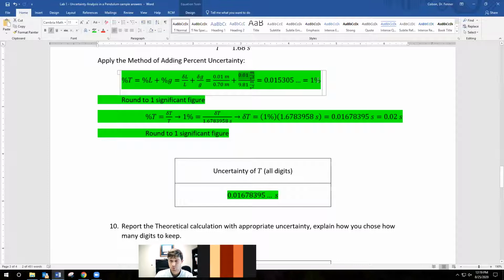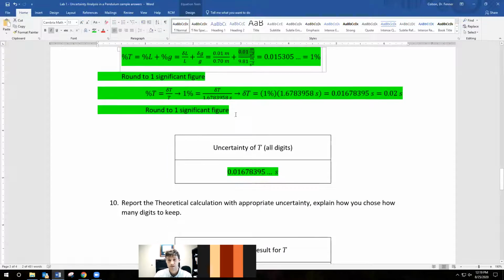So it'll pretty much always work out to that, where the percent uncertainty will be one significant figure, and so the uncertainty as calculated using the equation would be one significant figure.